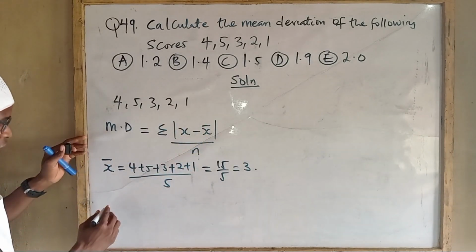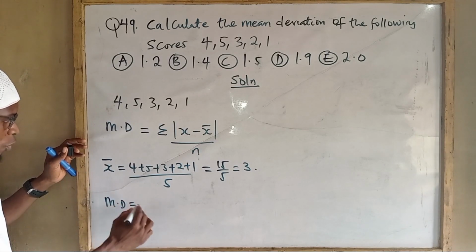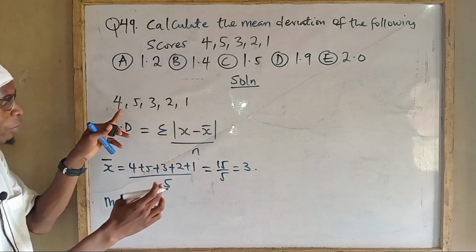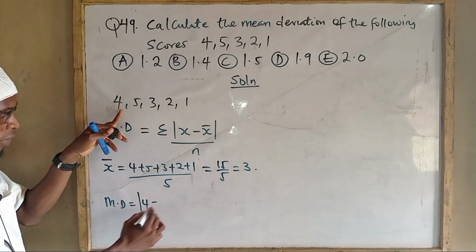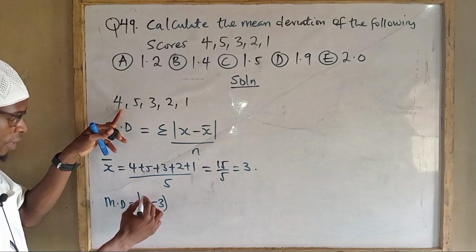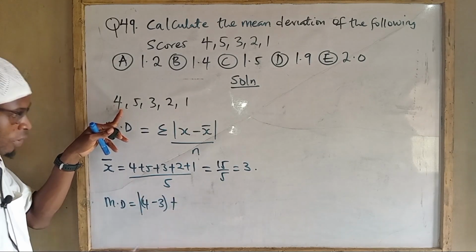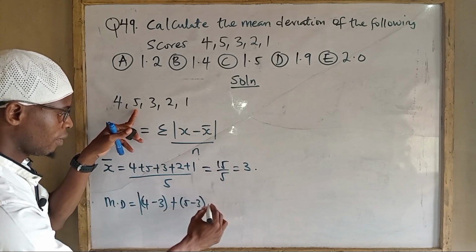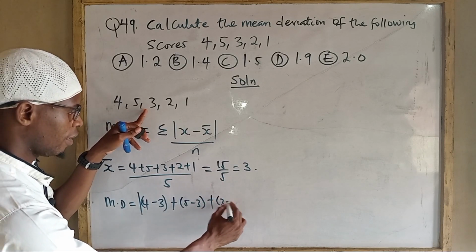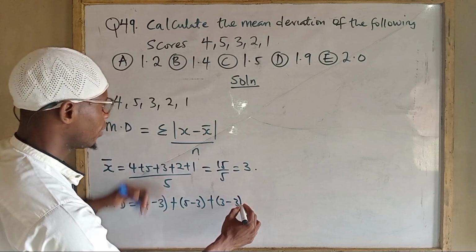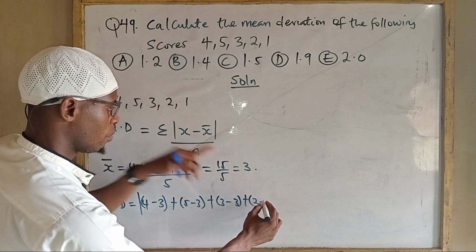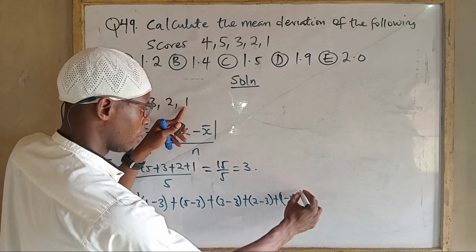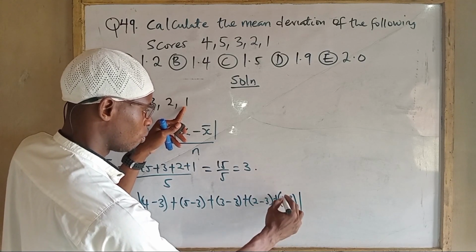Formula. So we have our MD now, which is mean deviation, equal to summation, each x. So it's going to be 4 minus 3, having its own bracket, plus 5 minus the same 3, plus 3 minus 3 again, plus 2 minus 3, plus 1 minus what? 3, with everything in absolute bracket.